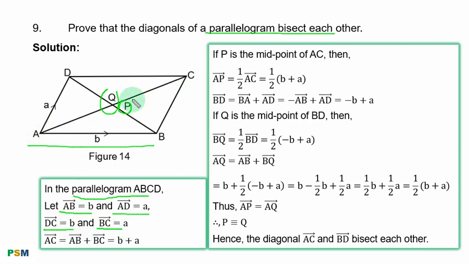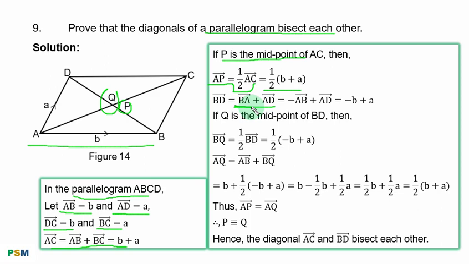AC. To get to C from A, you have AB plus BC. You have it in this form, and that is b plus a. If P is the midpoint of AC, then vector AP is half of vector AC, and you have it in this form. To get to D from B, you have BA plus AD.